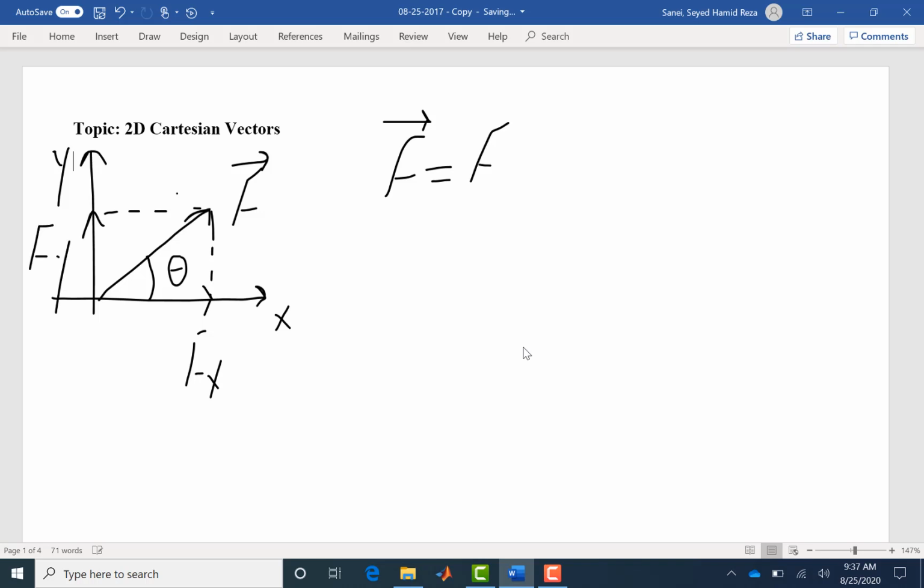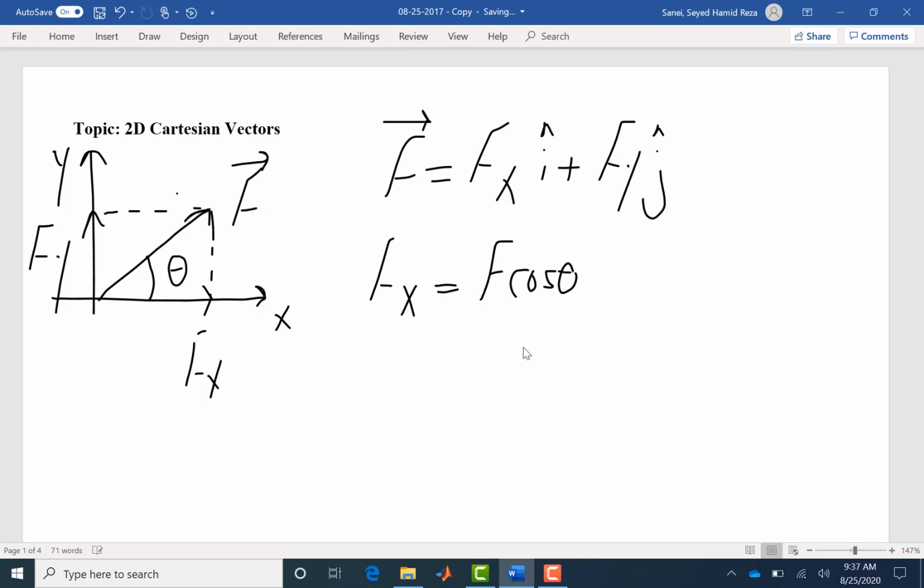So I can write Fx i, where i is the unit vector in the direction of x, and Fy j, where j is the unit vector in the direction of y. Fx, as we talked about previously, would be F cosine theta, and Fy would be F, the magnitude of F, sine theta.